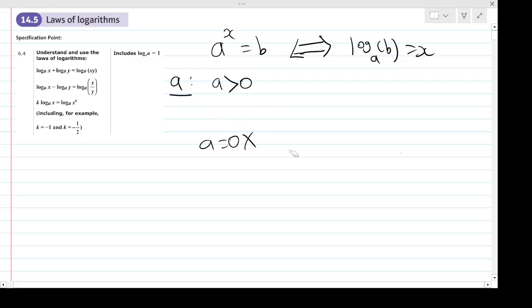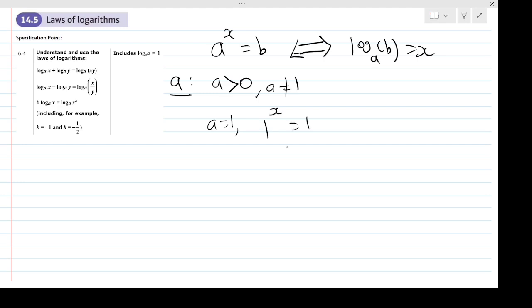Also, there's another restriction specifically with logs: a also cannot be 1. That is because if a was 1, then we would have 1 to the x. You might think, well, it's equal to 1. 1 to the power of anything is 1, and that also works with negatives.